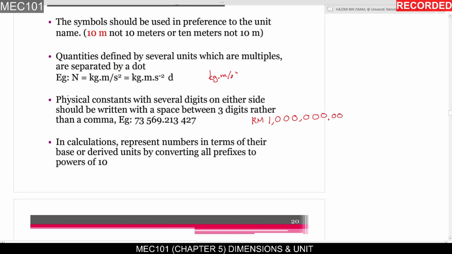If we implement this rule in the scientific field, like our engineering field, we cannot put the comma here. This is wrong. What the rule wants you to do is leave a space between every 3 digits.